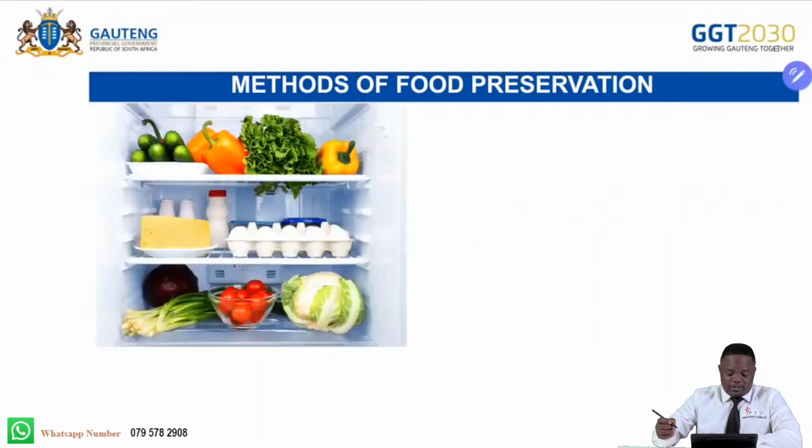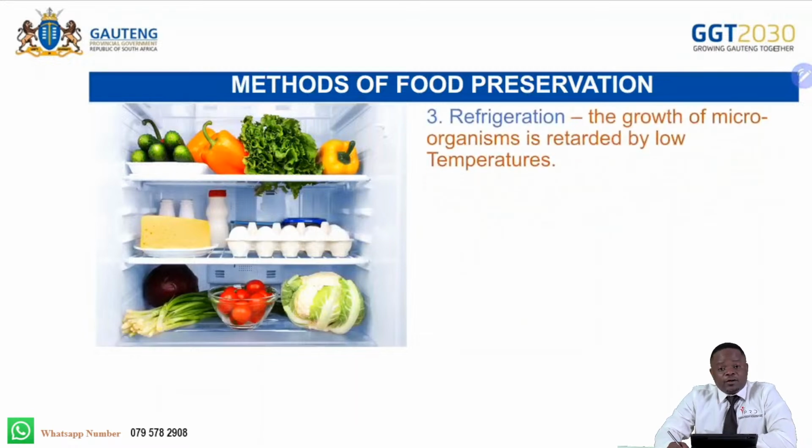Right. Number three. Okay, something that looks like my fridge there. Right. You can see we can store food that is perishable. All the food that you can see there is perishable. In other words, it can go bad. All right. So refrigeration can be used to preserve our food, and it is because of the low temperatures there which actually slow down the growth of microorganisms.